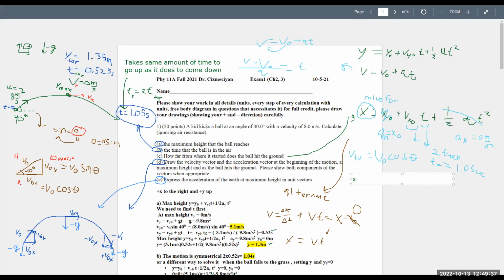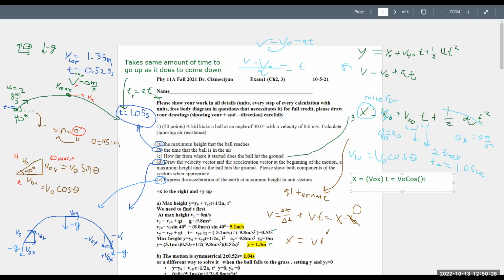Anyway, so then we have x is equal to v naught x times t, so we know that's all one thing, which is equal to v naught cosine theta. I don't really have a theta symbol, so I'm just going to leave it at that, times t.